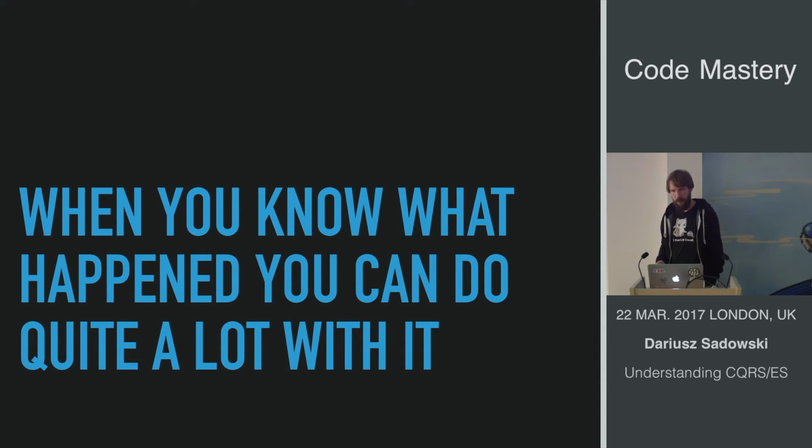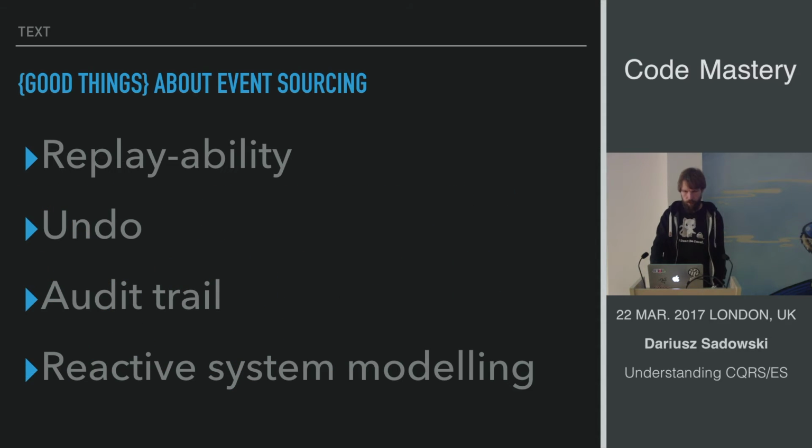And having this append-only history of what happened allows you to do a few interesting things. One thing is that you can replay the events. Let's say you have a history of all the facts which happened in your application over many years, and now you're getting requirements that you need a new report based on the data.